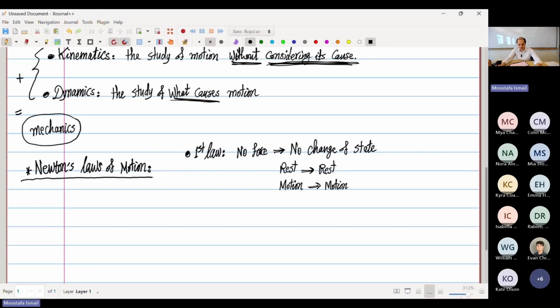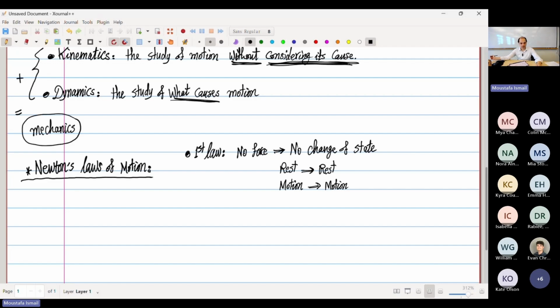This is a non-trivial statement. Before Newton, it was widely believed since the times of Aristotle that objects tend to be at rest. If you leave an object long enough, it will tend to come to rest, even if it was moving. And that to move an object, you need to exert a force on it. What Newton's first law says is that no, if you didn't intervene, an object will remain at motion.